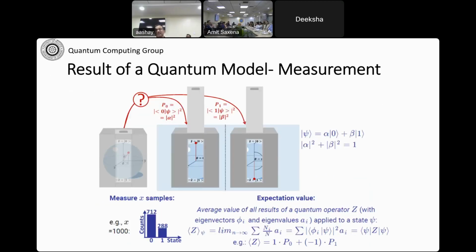Okay, the last part is the expectation value. Once we have generated a distribution, the expectation value is what you can get for a particular basis. So the expectation value of a basis in a given quantum distribution.